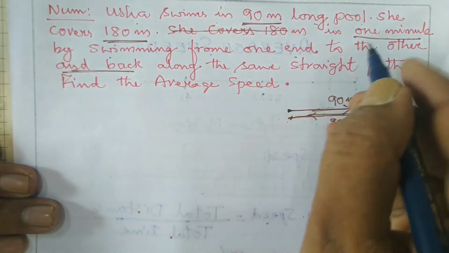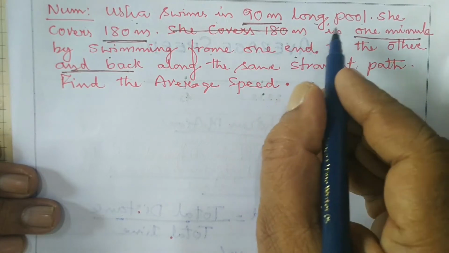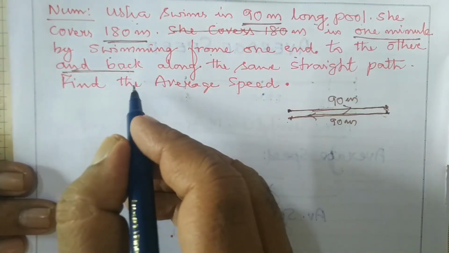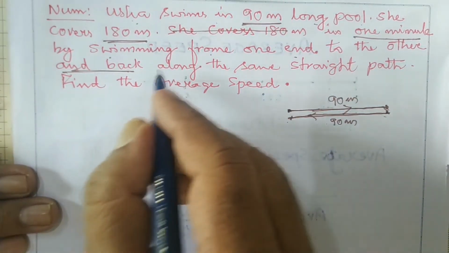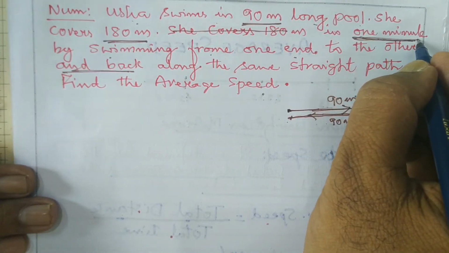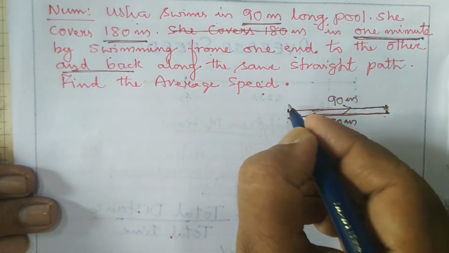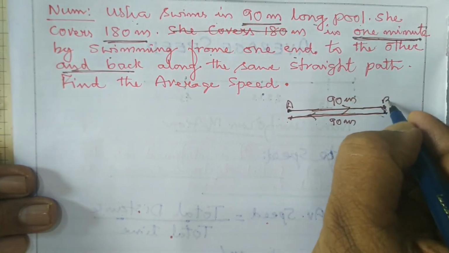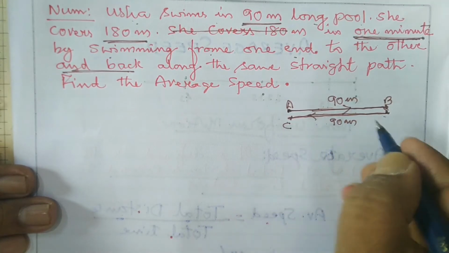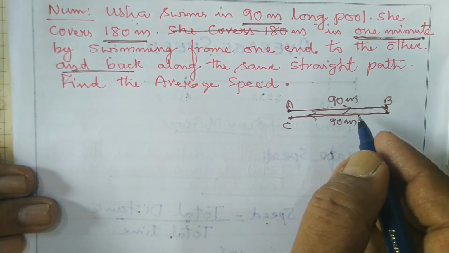Now, how much time have they taken? It is mentioned in the problem that Usha has taken 1 minute. It is a time 1 minute, not second. You have to remember 1 minute. So to go from A to B and coming back to C, 1 minute time taken means that total time taken is 1 minute.